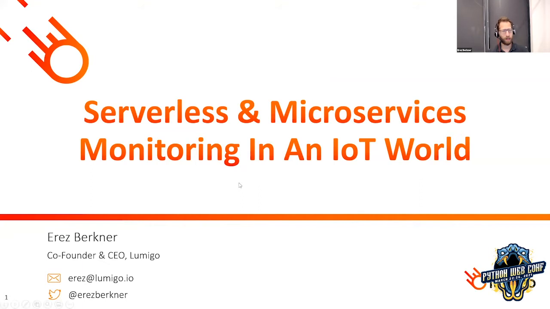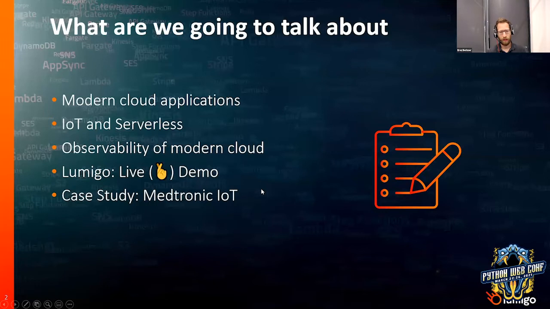We'll dive right in. Please feel free to ask questions in the Q&A part. We're going to cover 5 main topics today. Number one, we're going to talk about the modern cloud application. What does it look like? What is it composed of? We're going to talk about IoT and serverless and how they work together. And then how can we get observability into modern cloud, which is one of the biggest challenges.